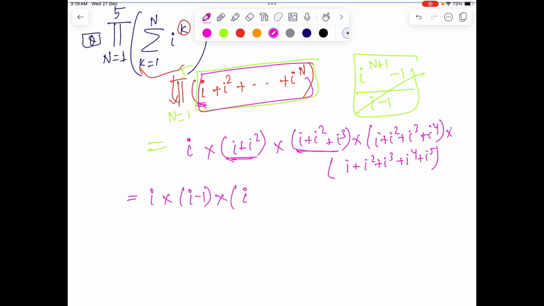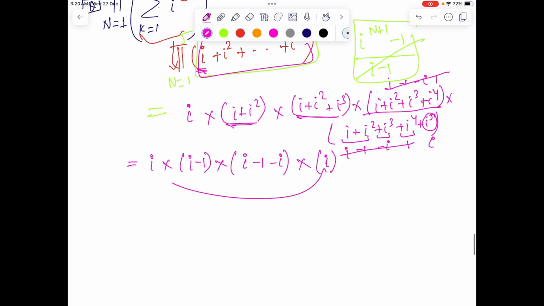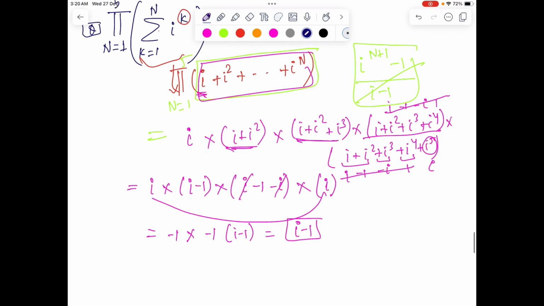Third quantity is i minus 1, i cubed is minus i, and that's plus 1. Yeah, so that will die, that will give you 0. So again i minus 1 minus i plus 1. So i^5 is i^4 into i, so that will be i. If I calculate it, i squared is minus 1, and here this is gone. So it's minus 1 into (i minus 1), which is basically i minus 1. So this is the answer that we're getting.